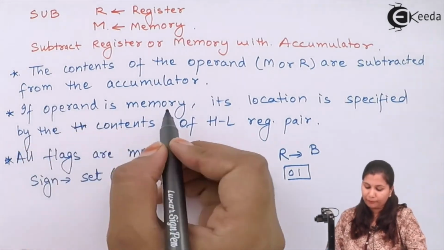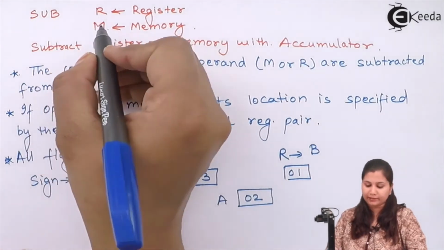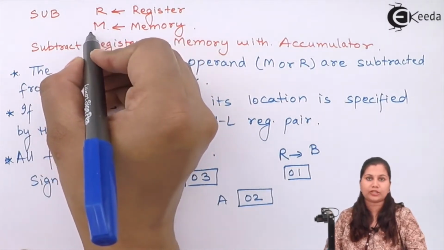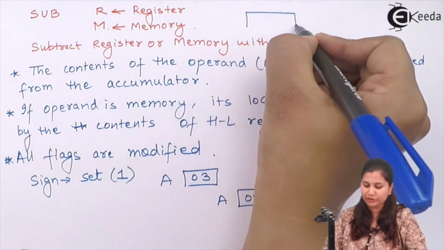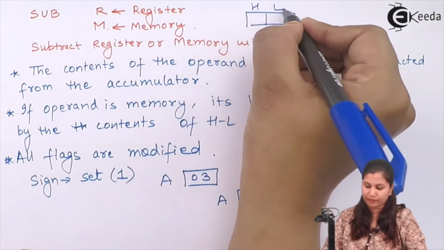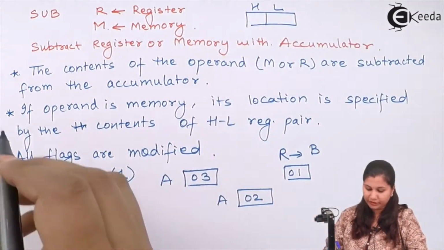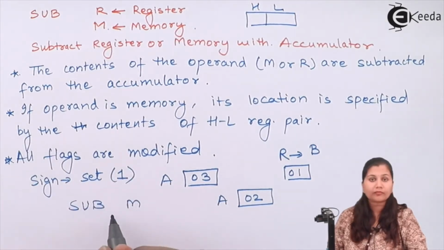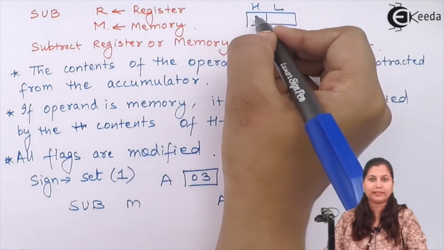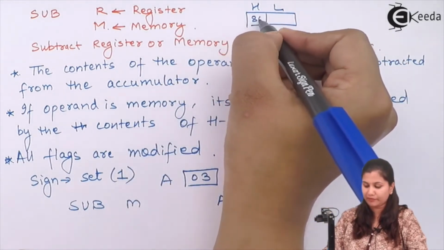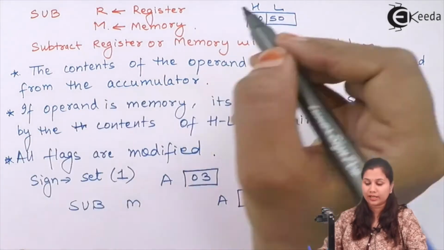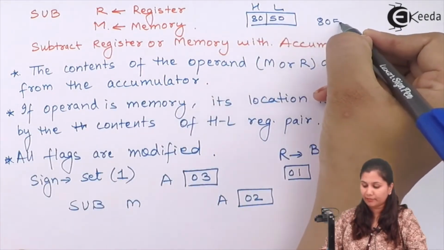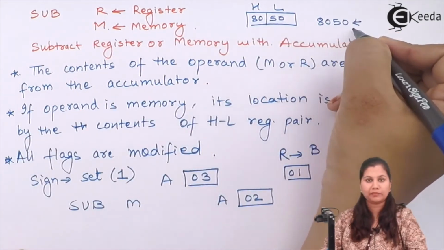Now if the operand is a memory, then the address of this memory location is specified in the HL register pair. Suppose we have written here SUB M, then the address of this memory location will be given by the HL register pair. Suppose we have 8050 here, then our second number will be stored at this memory location.